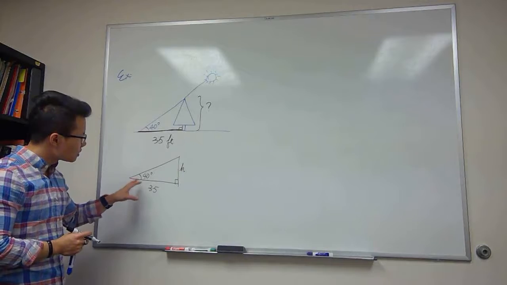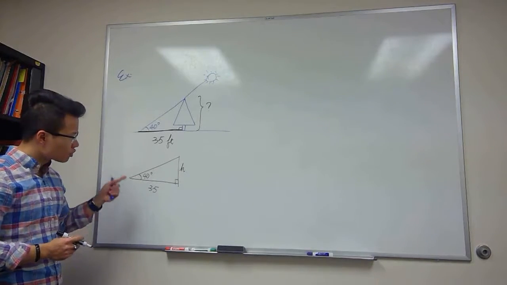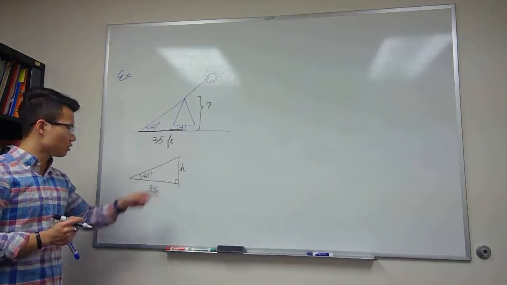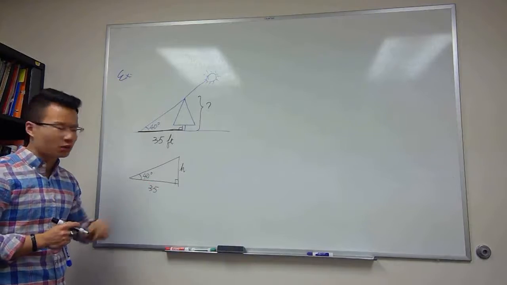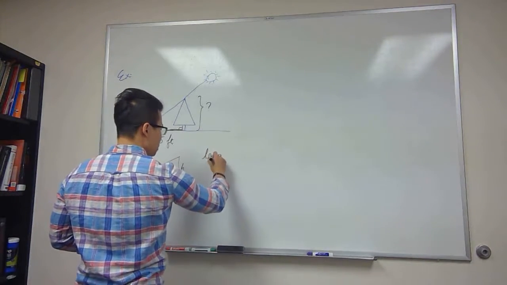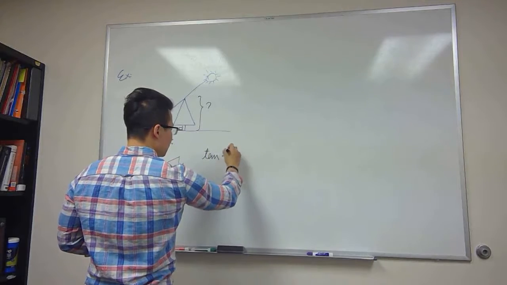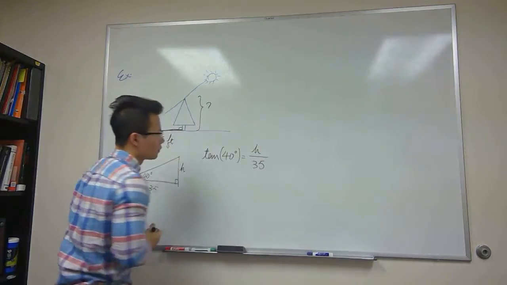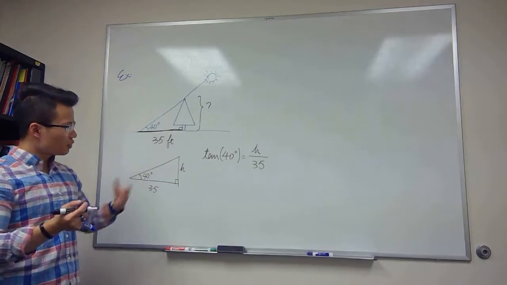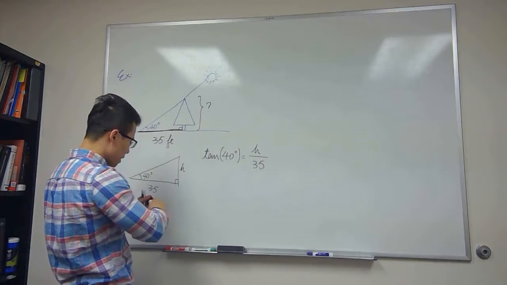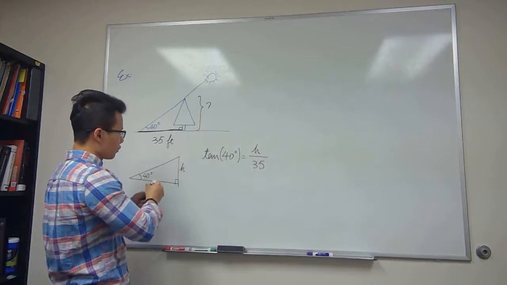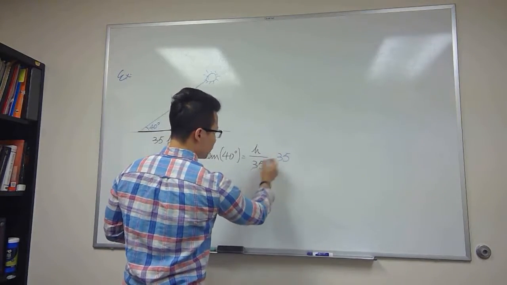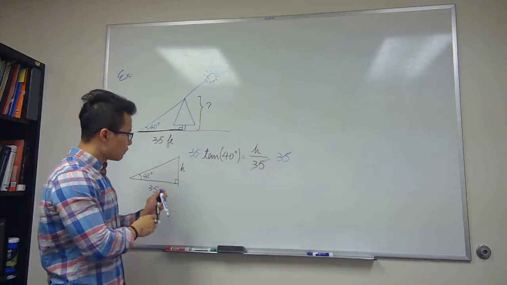How do we find it? We look at all the trigonometry functions, and we find that tangent gives the relationship between these two lengths, which gives us tangent of 40 degrees equals H over 35. Then we multiply 35 on both sides, and this cancels.